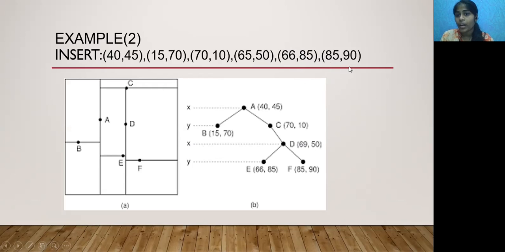Here we have to compare the x coordinates, so 85 with 66. 85 is greater than 66, so it comes under the right side of this particular node. And this is the two-dimensional representation of this example.